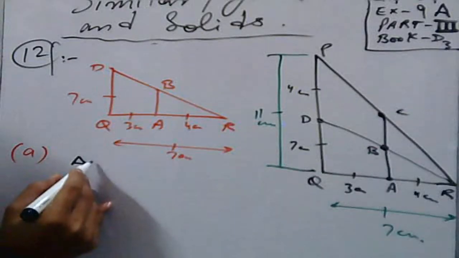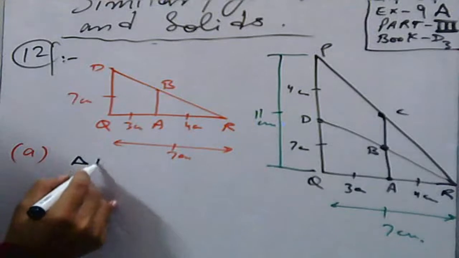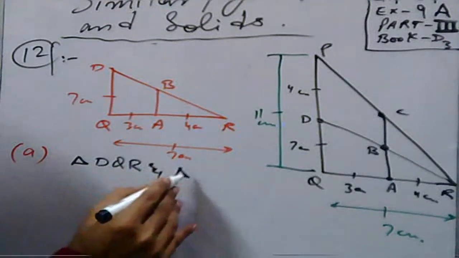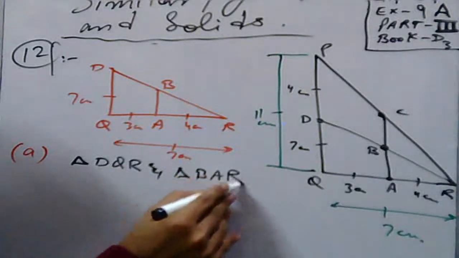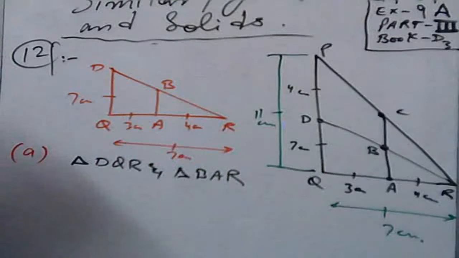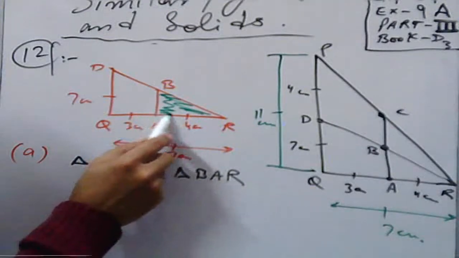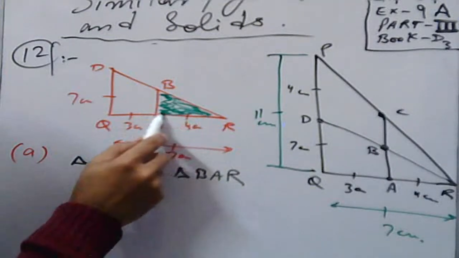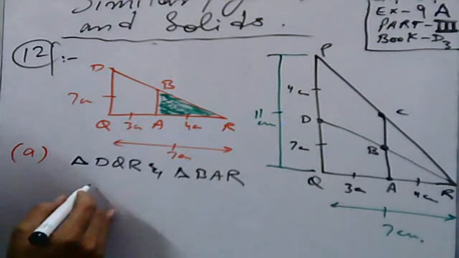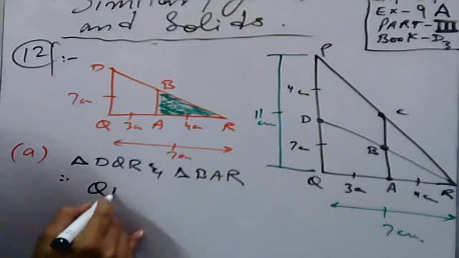To solve A portion we have to find the value of AB. Since we have two triangles, triangle DQR and triangle BAR, the bigger triangle and the smaller triangle, in the bigger triangle we have a smaller triangle. We have to use the similarity properties here. How can we take the ratio?